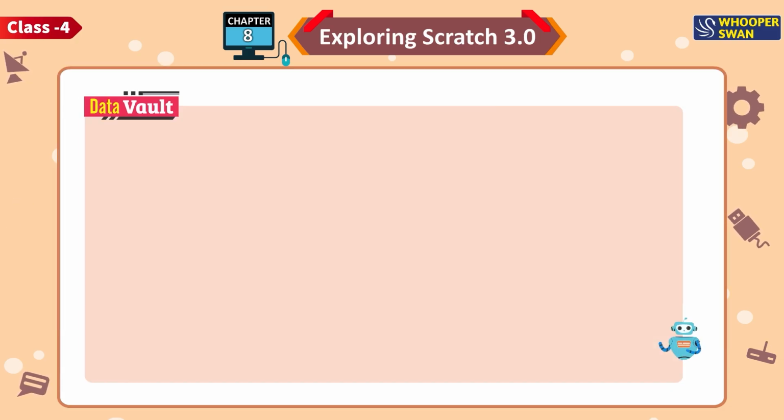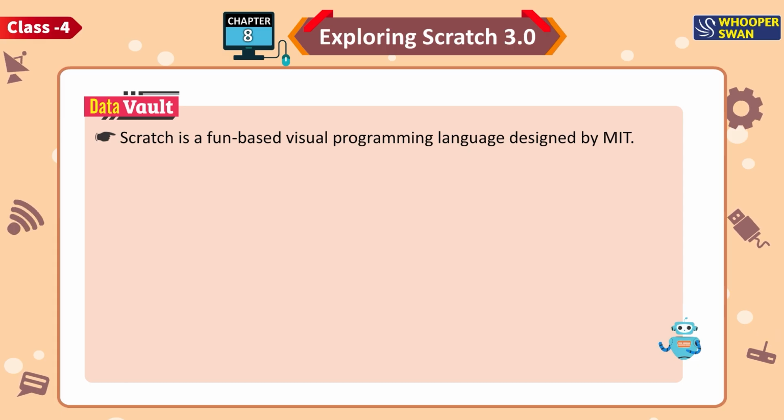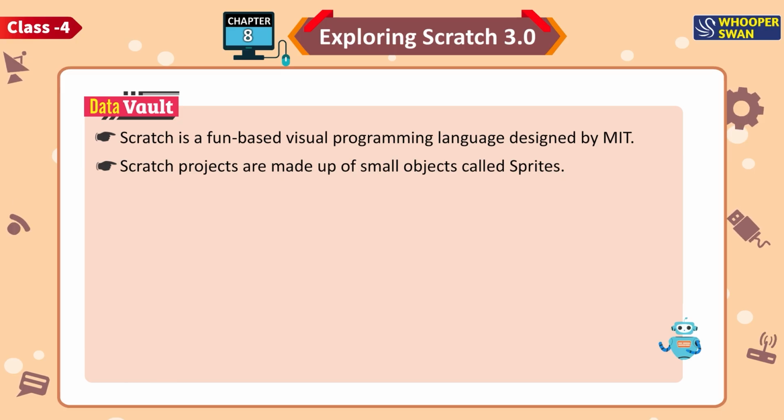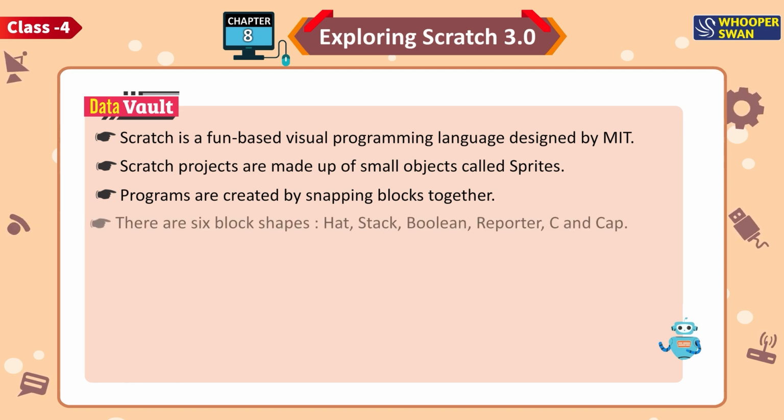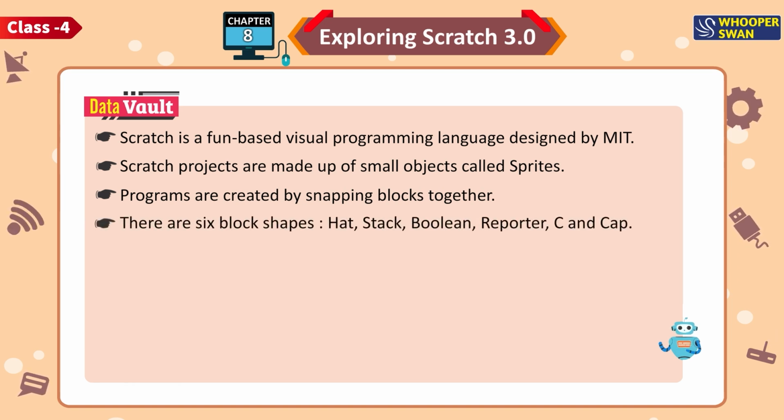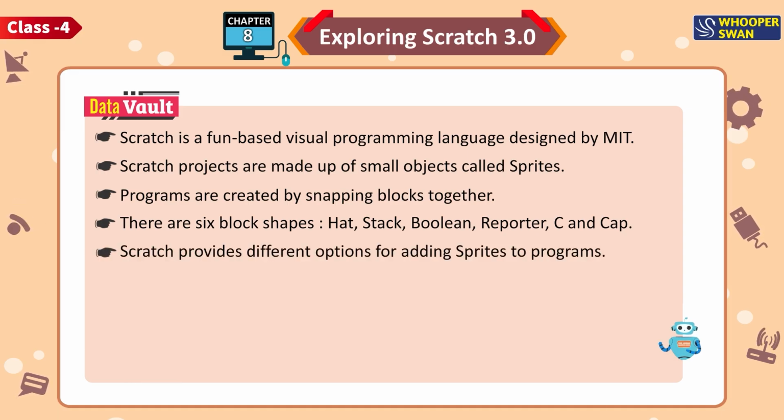Data Vault. Scratch is a fun-based visual programming language designed by MIT. Scratch projects are made up of small objects called sprites. Programs are created by snapping blocks together. There are 6 block shapes: hat, stack, boolean, reporter, C and cap. Scratch provides different options for adding sprites to programs.